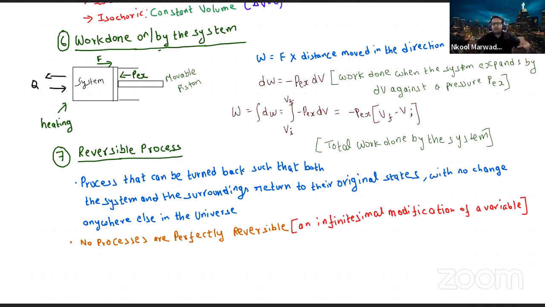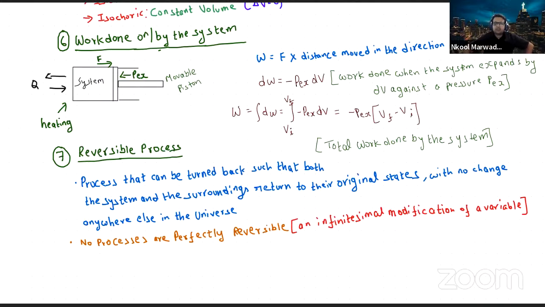But in the real world, reversible processes do exist and we will study them also. We are able to get back to the original state, but 100% maintenance of that original state is not possible.